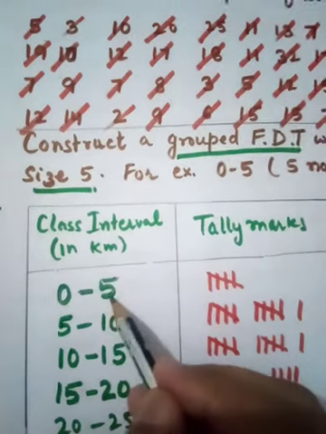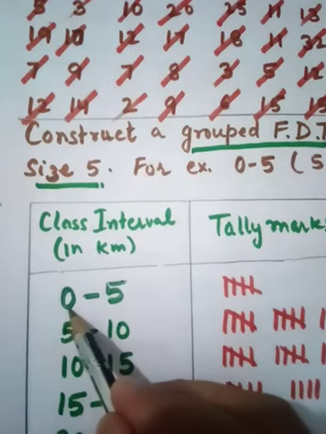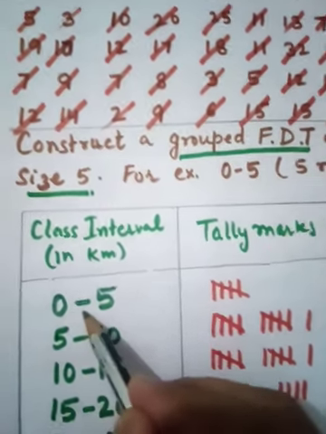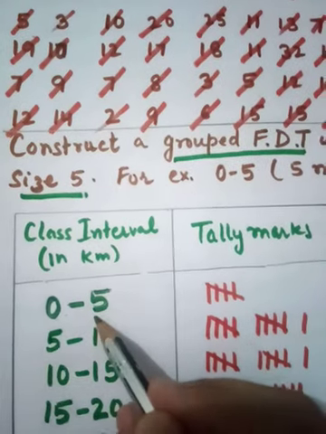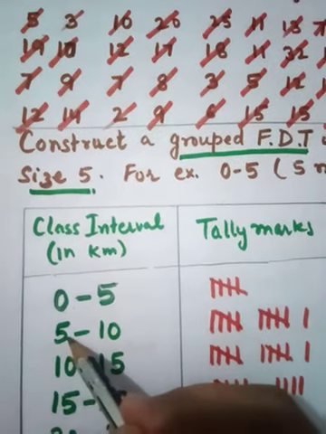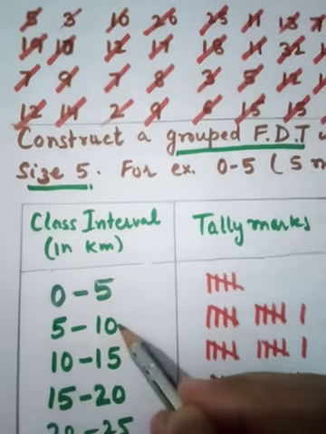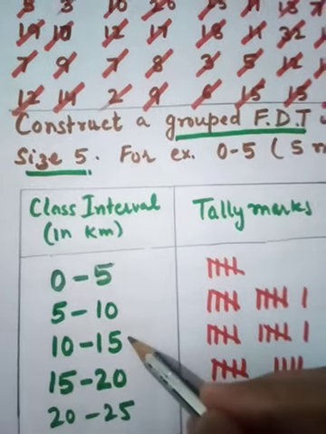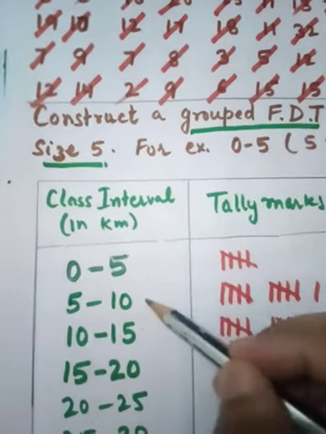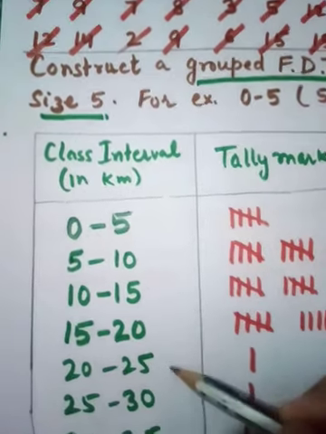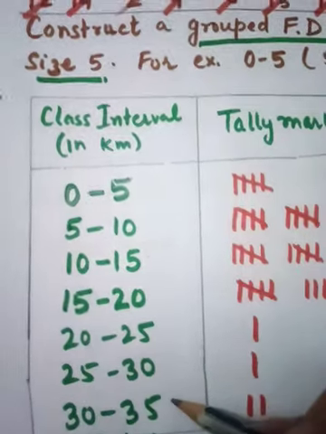So in that class you will be counting 0, then 1, 2, 3 and 4. 5 will not be counted here. 5 will be a part in the next class. Similarly, 10 is not a part here, 10 will be counted in the next. 15 is not counted here, 15 is counted in the next. So this is our first class, second class, third class, fourth class, fifth class, sixth class and seventh class.